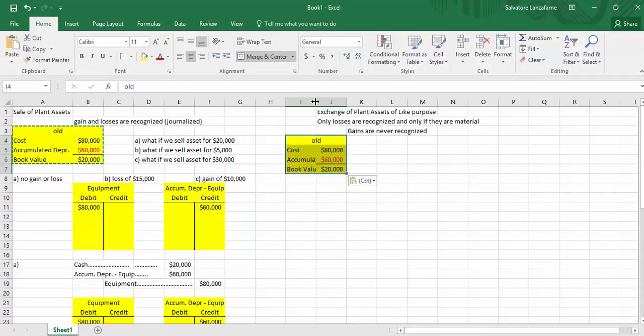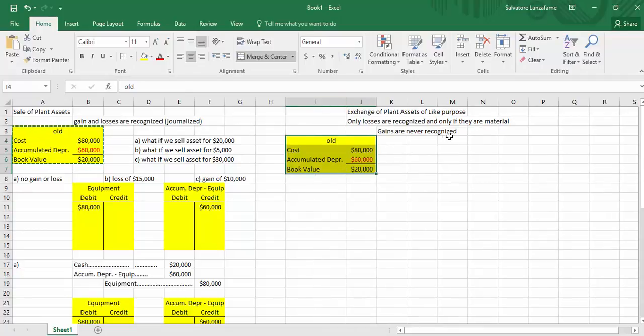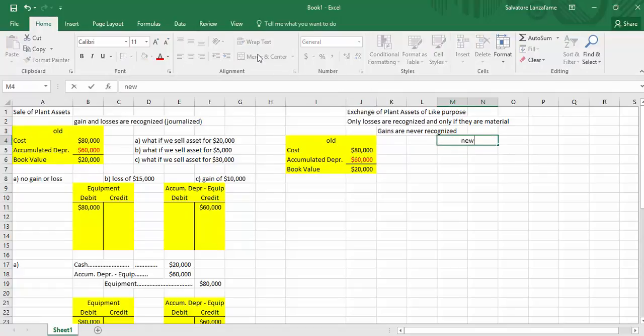And this time, I'm going to create another little chart, and we'll call this one new. And we got the price, we have the trade-in value or trade-in amount that we get, and we have cash paid.